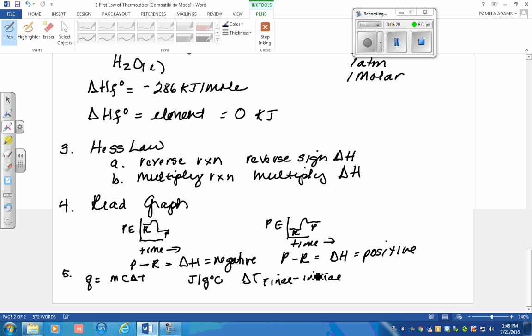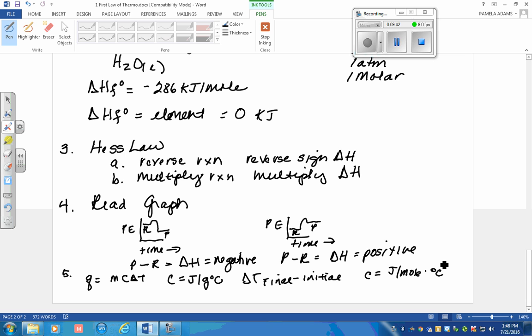Please recall that m can stand for moles, and if you put moles into mcΔT, then your value for the specific heat is going to be joules per mole per degree C.